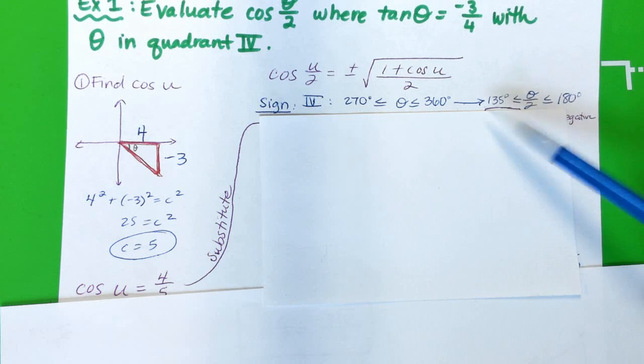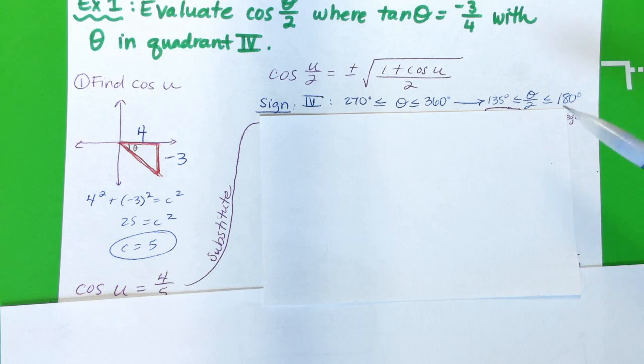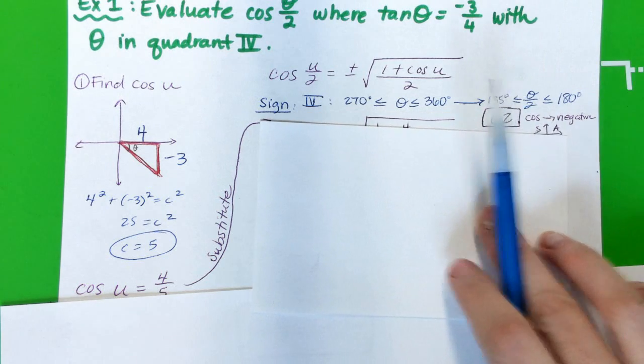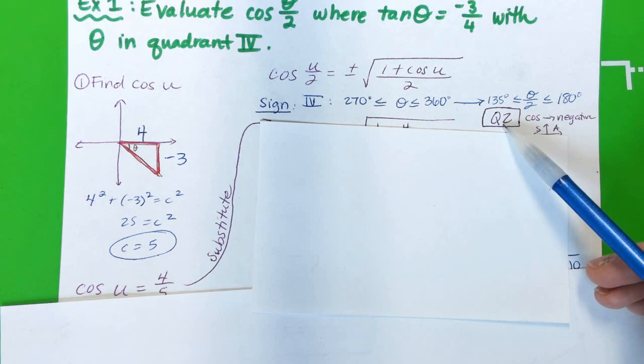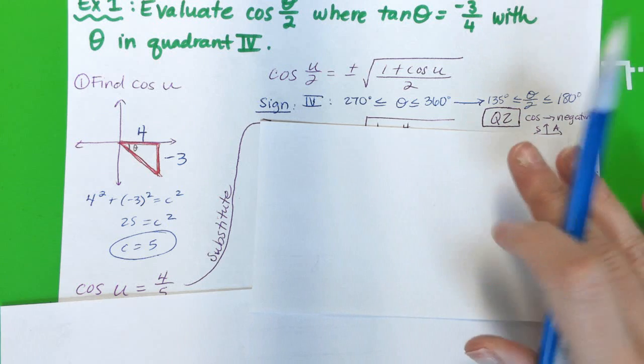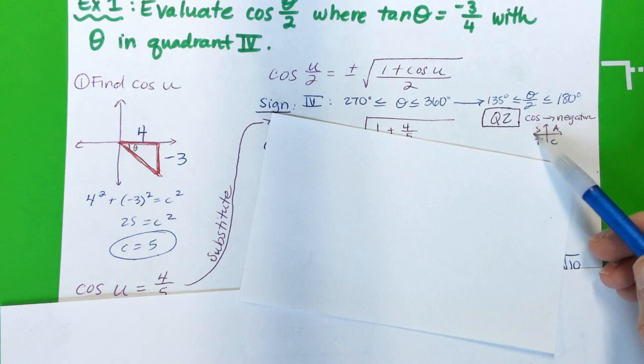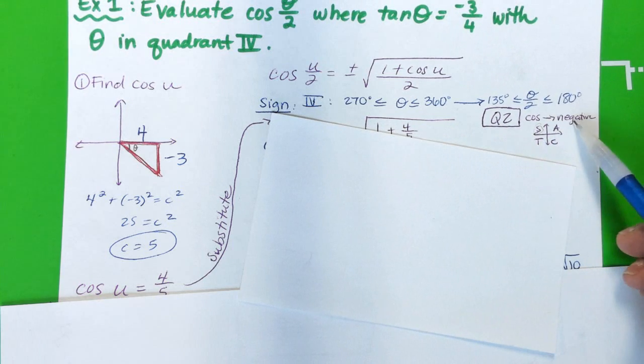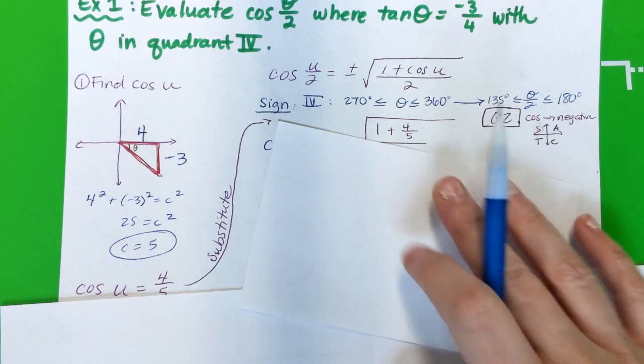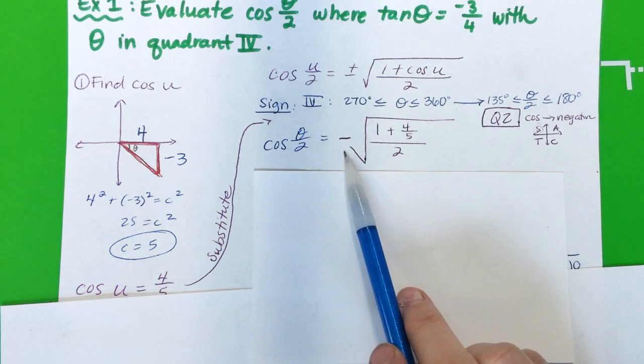What quadrant contains those? Quadrant 2. Okay, so what we have to do is follow the rules for quadrant 2. Since we're dealing with the cosine, we can just look at the cosine value. And in quadrant 2, the only thing that's positive is sine, so the cosine is going to be negative, which means I'm going to put a negative in front of my radical here.